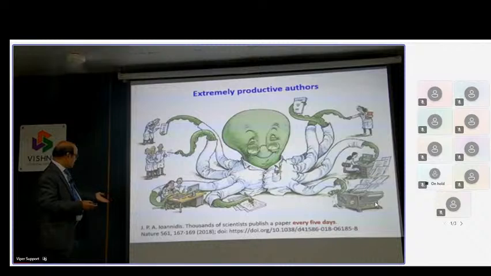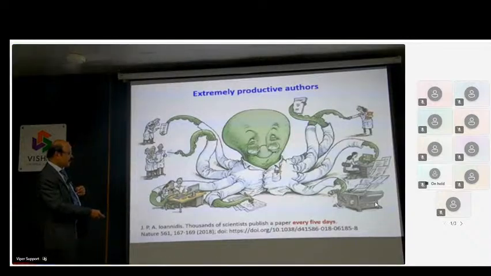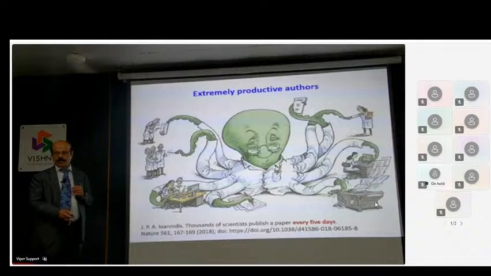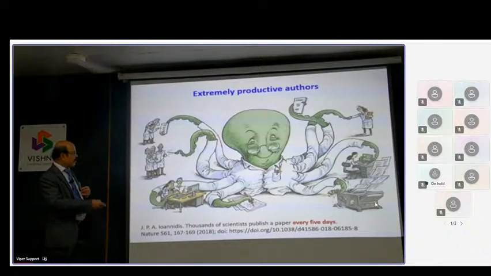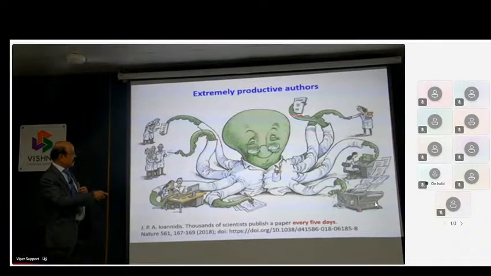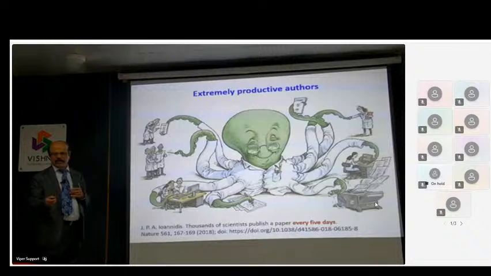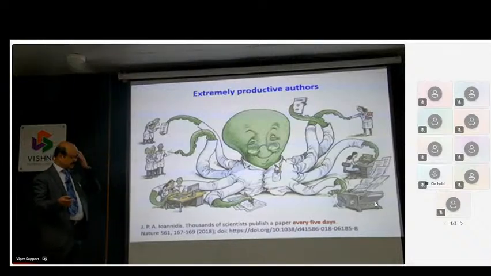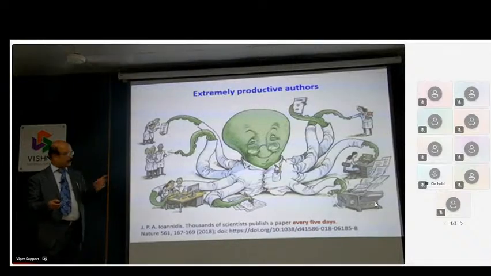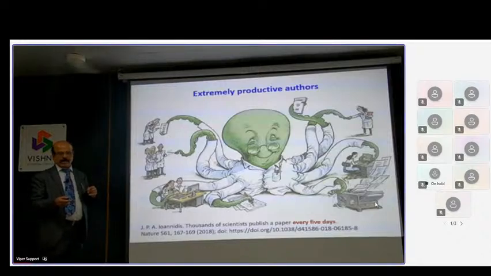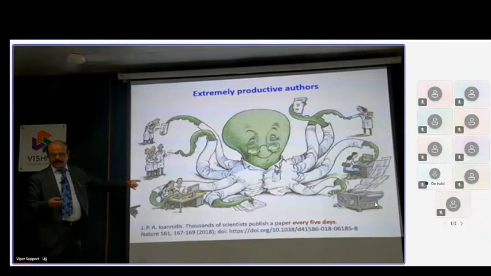There is one scientist who was publishing a paper every 5 days. That person was caught. That means a lot of plagiarism was being done, publishing papers and having thousands of publications. Dozens of persons have been caught for running these paper mills, and most of them are coming from China.